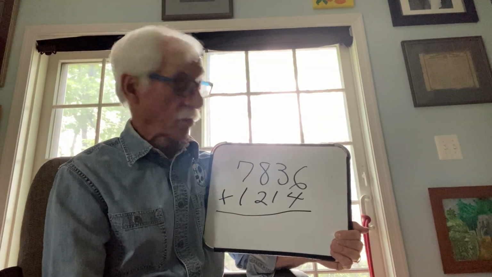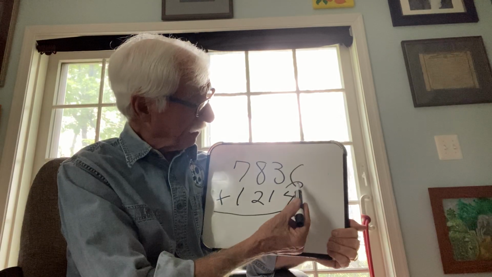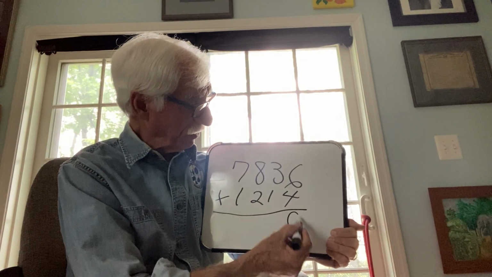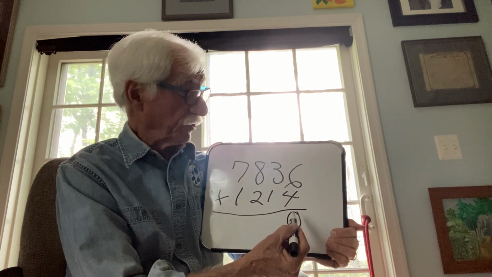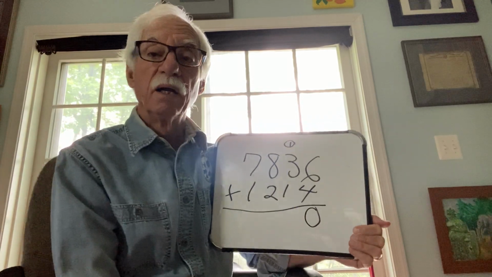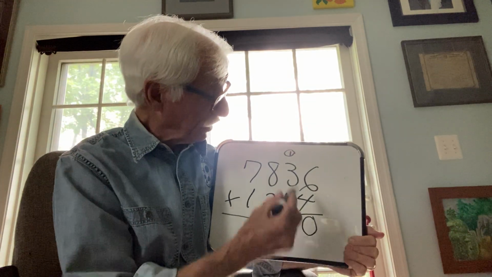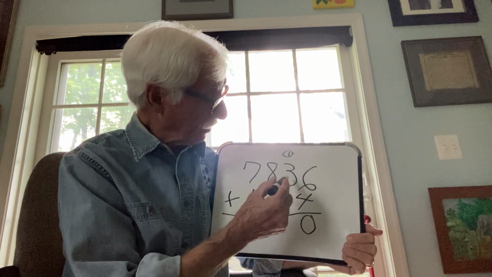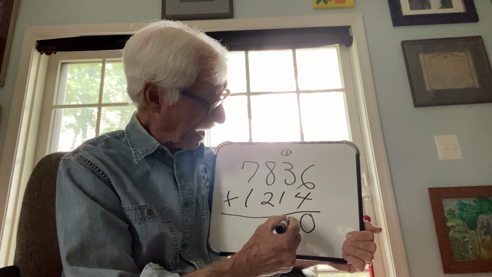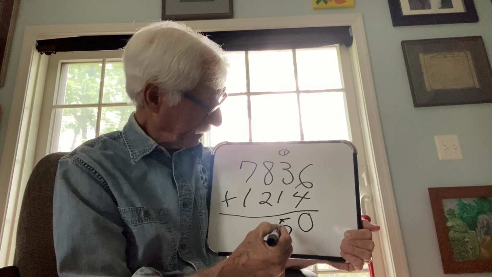So now I have 6 units and 4 units, that's 10 units. 0 in the unit place, and 10 units has to exchange for 1 ten. 3 tens and 1 ten is 4, and 1 that I exchanged is 5 tens.